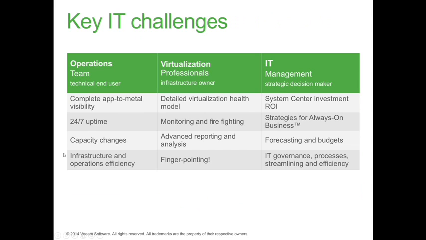There are also a lot of capacity changes. It used to be rather difficult to deploy a new service, or it took a lot of time, because you needed to order hardware, get that hardware in, rack it, install the operating system, and so on. Today, with virtualization, when they ask for a new virtual machine, you just deploy it, and a couple of hours later you can start deploying the specific application.